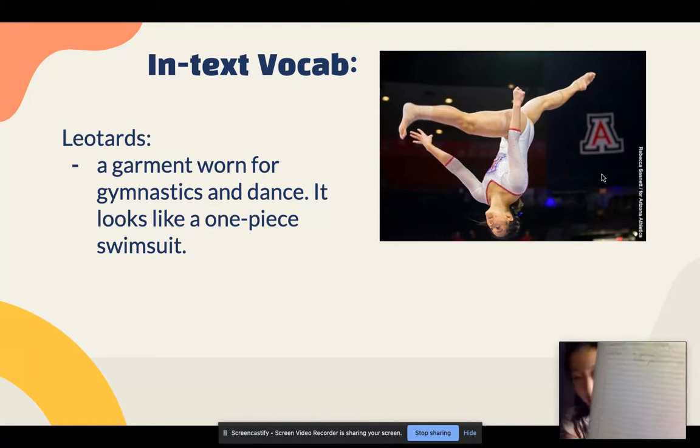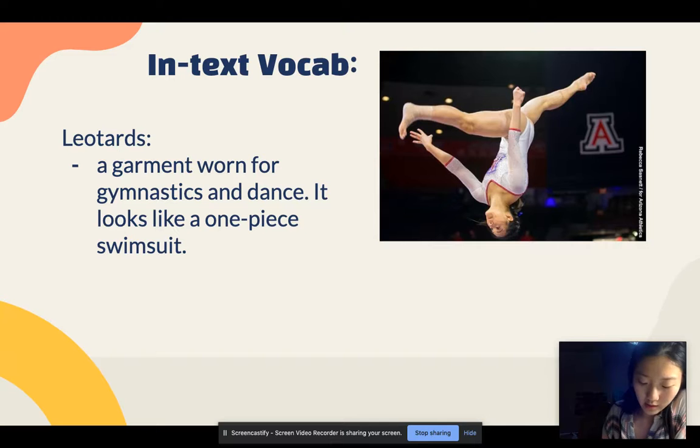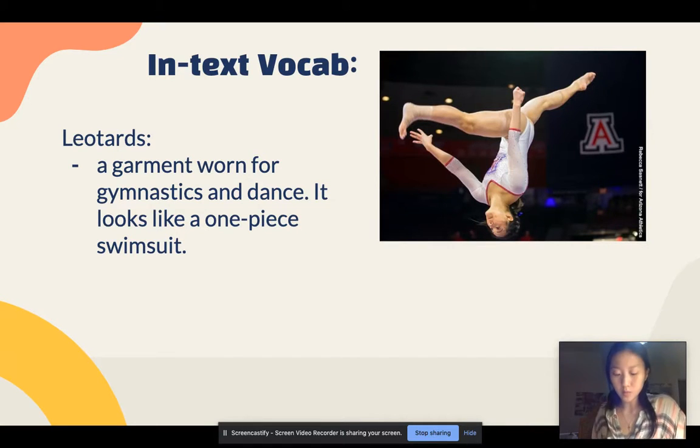So here's my notes so far. Okay, I just have the word and then the definition off to the side. And next, I'm going to write an example sentence. So right under the word leotard, you're going to write EX for example.